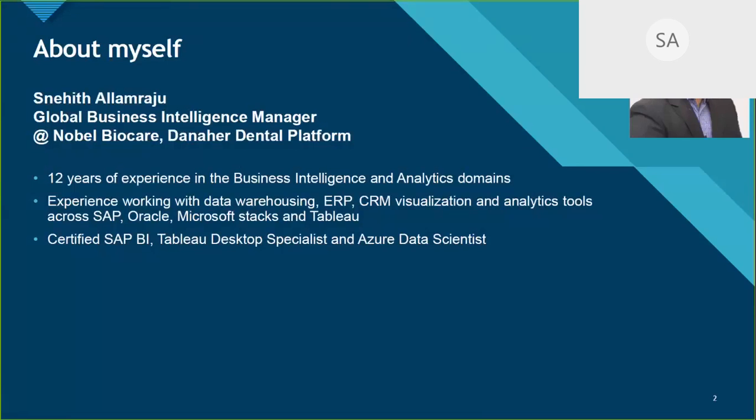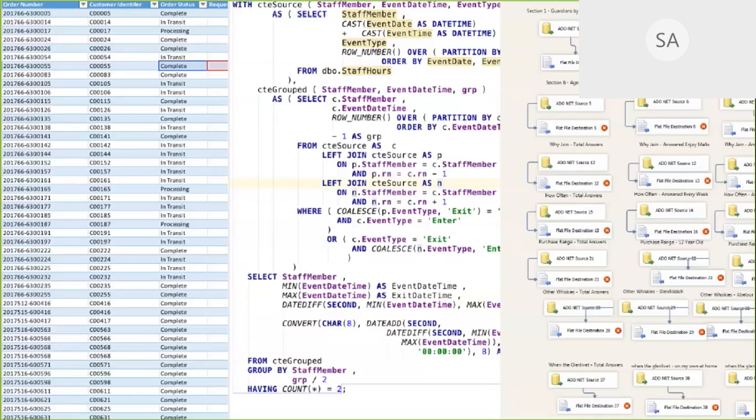So I think all of us here work as analysts or consultants in our respective organizations, whether we are working with clients or with our own business stakeholders. We are in some way or the other connected to data, right?